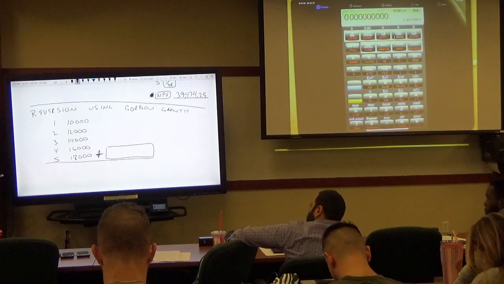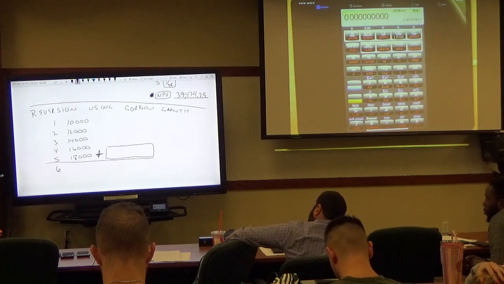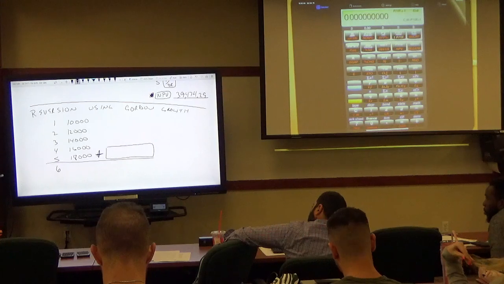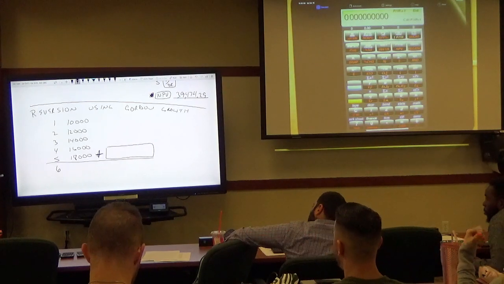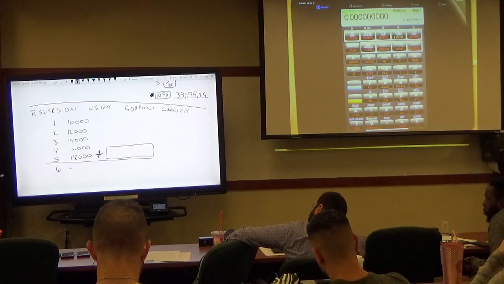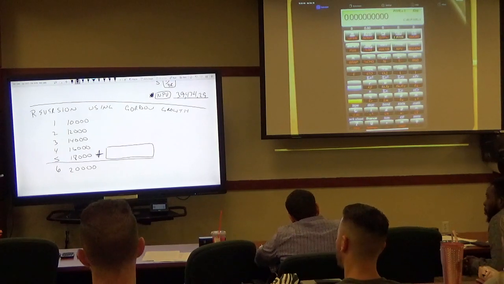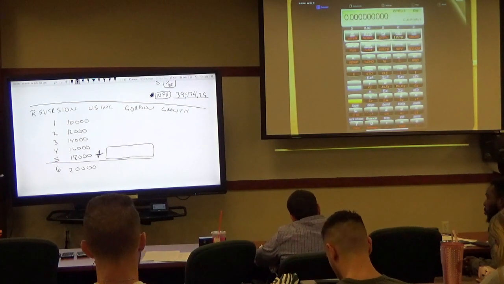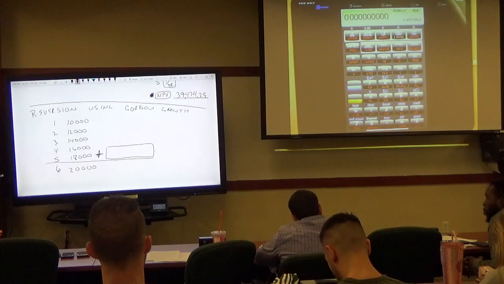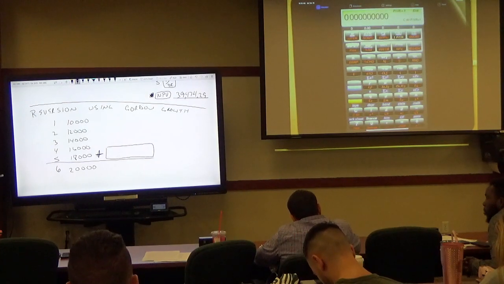So as a matter of convention, we typically estimate what the following year's income is expected to be, which in this case, we're just going to say increases by another $2,000, so it's now 20 grand. That's what we expect next year's income to be, and that's what we want to buy or sell the property for at the end of year 5, based upon that next year's income.